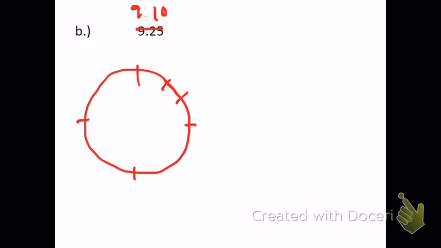So you draw your clock and the minutes and hours that are necessary. So what's the minute hand going to be on? 2. Yeah, it's going to be on 2. Minute hand's on 2. Hour hand is after 9, between 9 and 10, right?